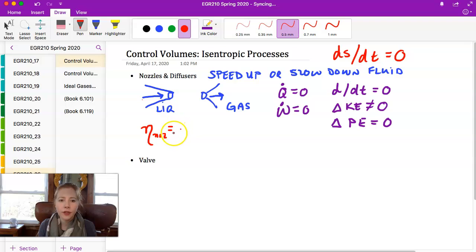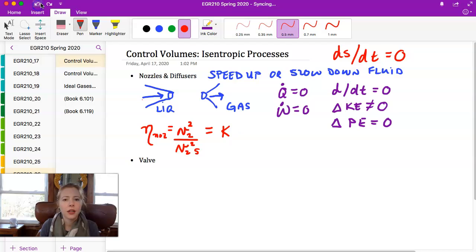the outlet speed, so V2 squared, divided by V2s squared, which is also the same as the ratio of kinetic energy at the exit, and I think I've been calling this EK.